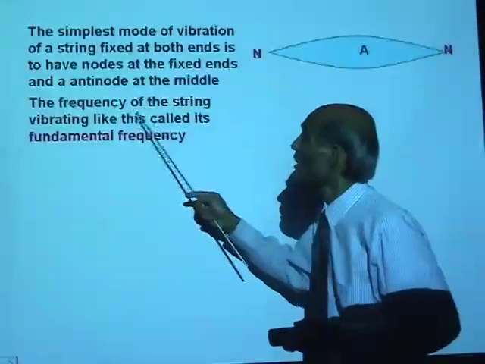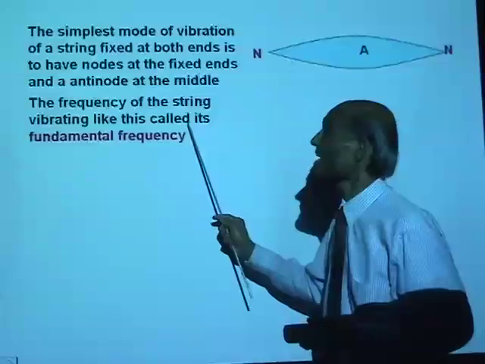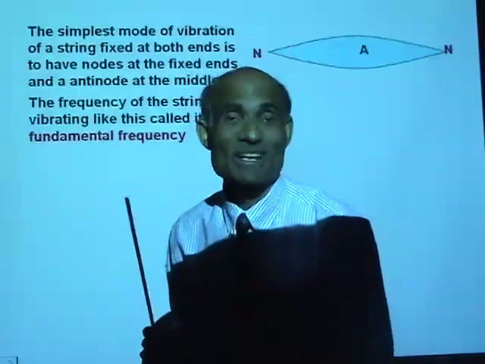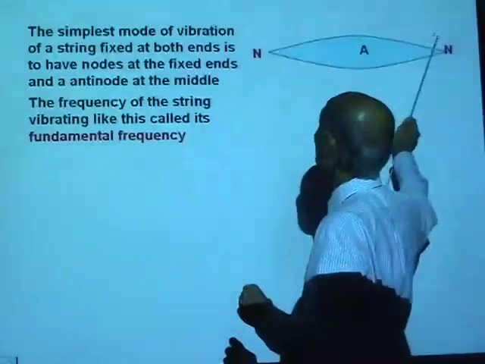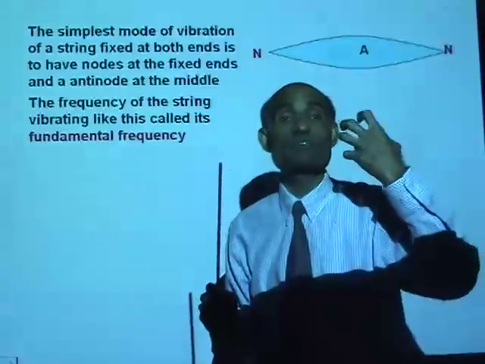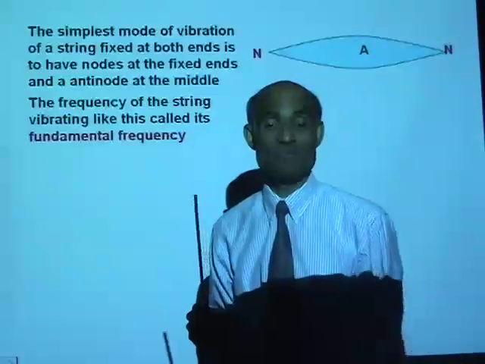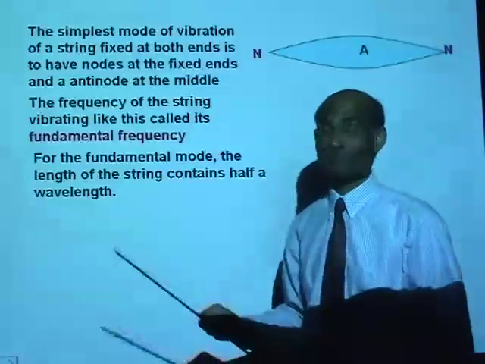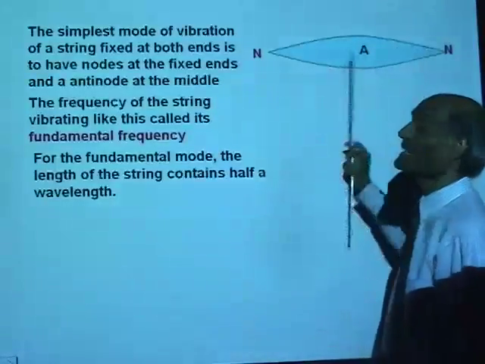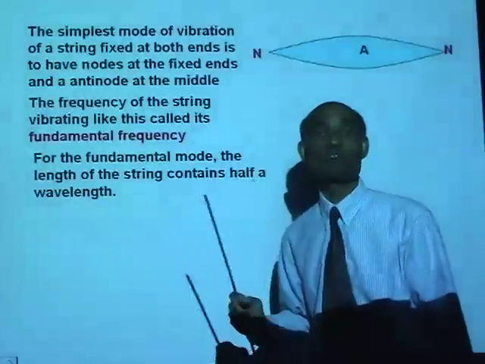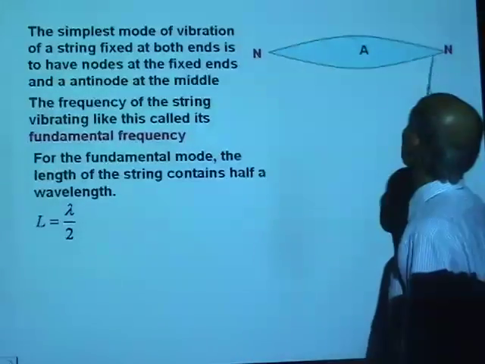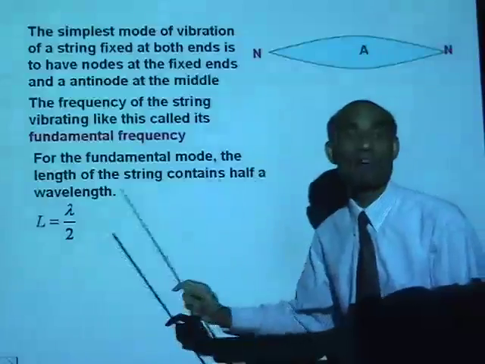Now, the frequency of the string vibrating like this is called the fundamental frequency of the string. So, when the string vibrates in one segment, the frequency of vibration is the fundamental frequency. Okay? For the fundamental mode, the length of the string contains half a wavelength. That means this length from here to here will be half of a wavelength.